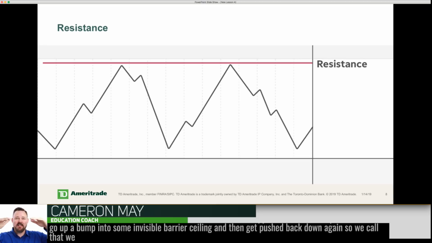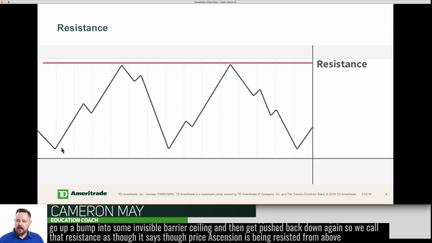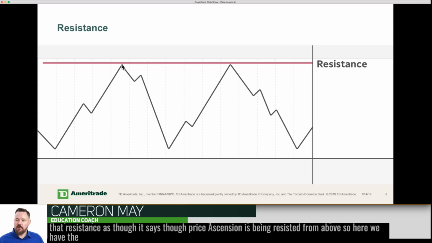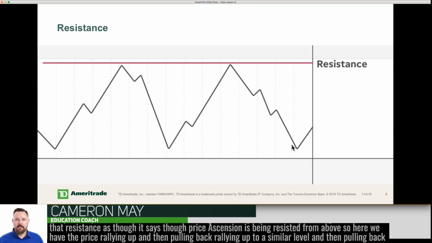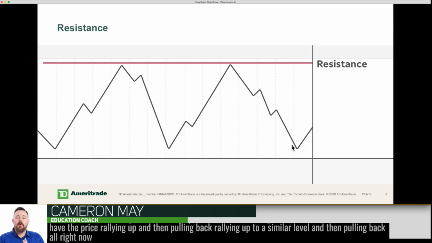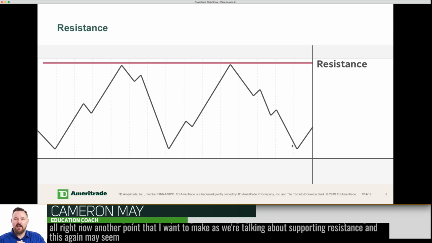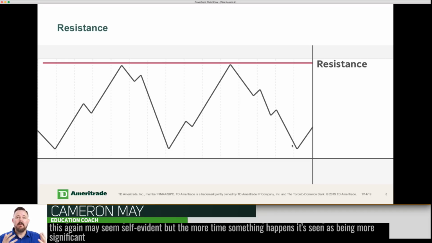So we call that resistance. It's as though price ascension is being resisted from above. So here we have the price rallying up and then pulling back, rallying up to a similar level and then pulling back. All right. Now, another point that I want to make is we're talking about support and resistance, and this again may seem self-evident, but the more times something happens, it's seen as being more significant by technical traders for the most part.